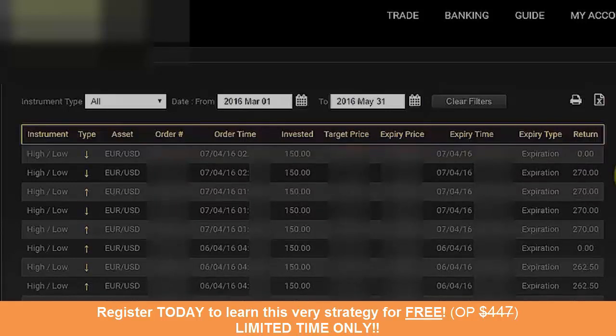Normally the Euro USD will give you higher because more people are trading it, so you will get around 80 to 85% return on investment. Depending on the time of day, the percentages do change. Anything below 70%, we can give it a miss.